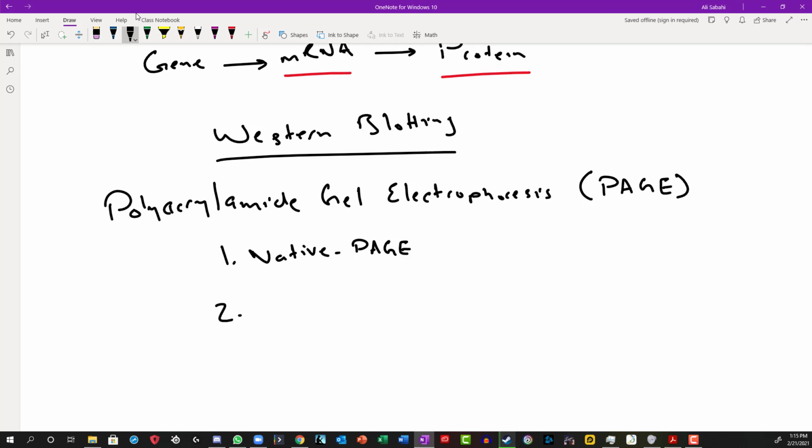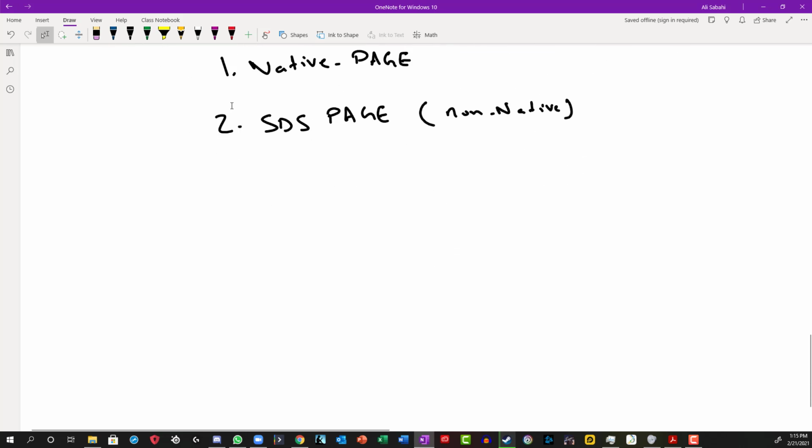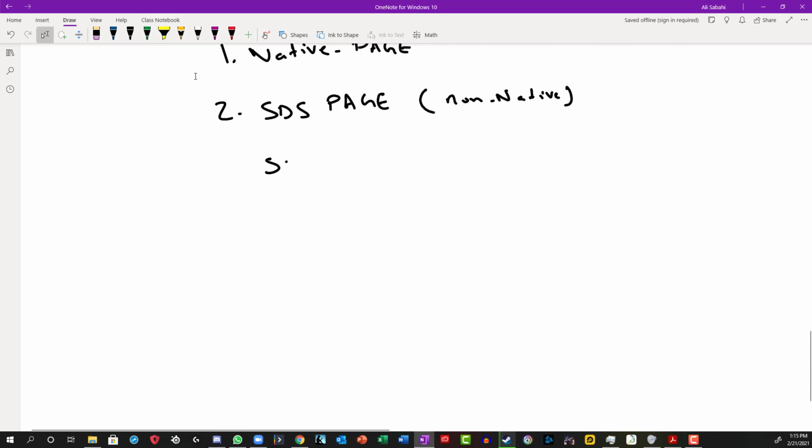And then there is SDS PAGE. In SDS PAGE, you're going to unfold the protein. So the proteins will be in non-native structures. They'll be completely unfolded. Now, what is SDS? SDS is sodium dodecyl sulfate.